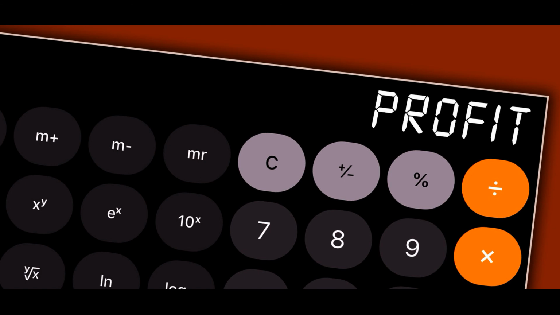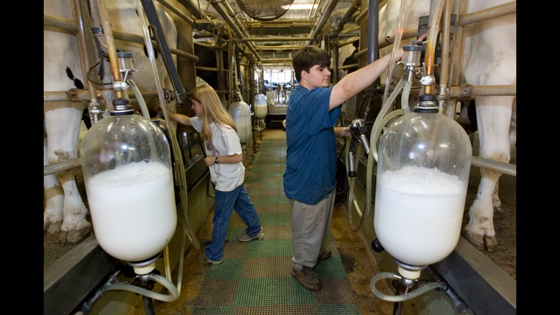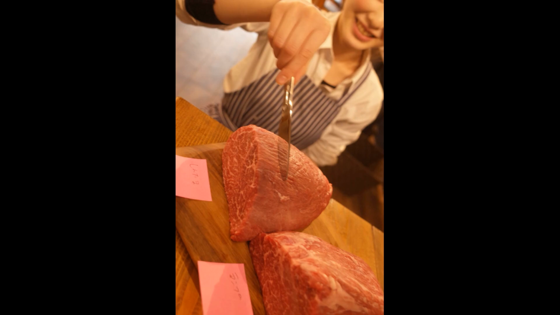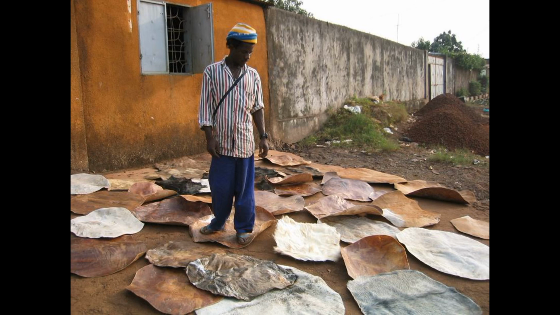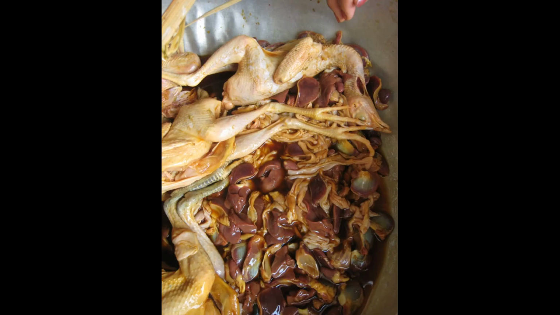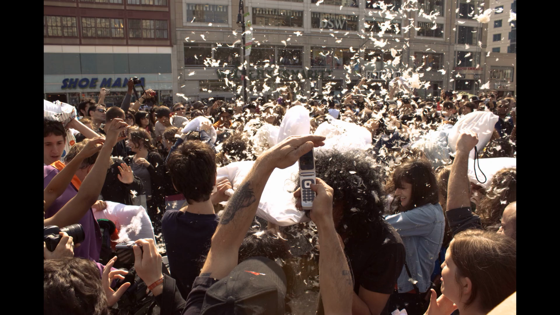So you want to make sure that inputs are less than the outputs. So how much you're getting for the milk, how much you're getting for the meat, how much you're getting for the skin. There's a lot of value added you can make from cattle and other livestock. Chickens, you can get the entrails, like the liver and the gizzard, and you could use the feathers for making pillows, costumes.